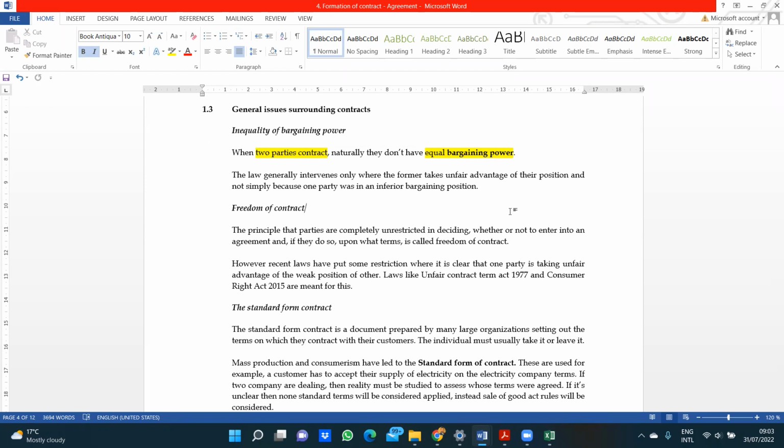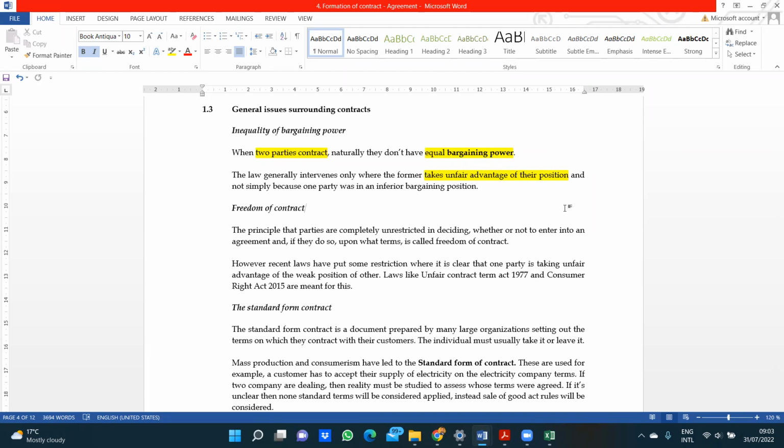The law generally intervenes when the former takes unfair advantage of their position. For example, when someone with higher bargaining power takes some unfair advantage of the person who has lower power, generally the court intervenes in the situation.